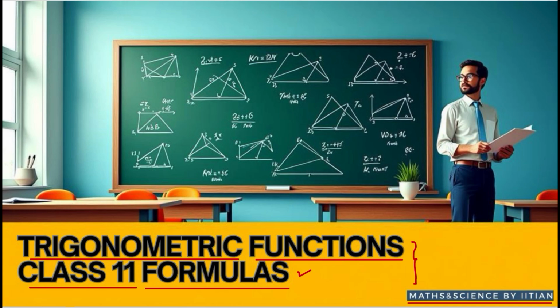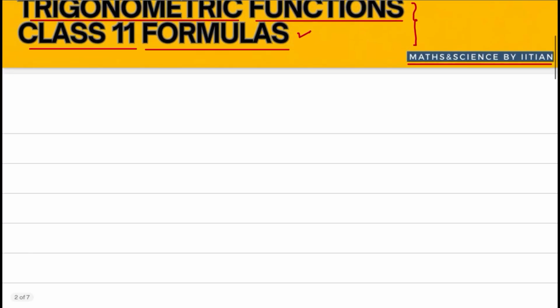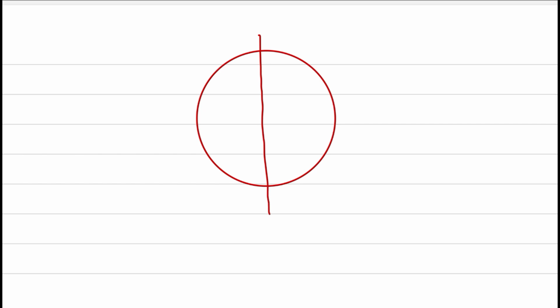Let us go further. Let us take a circle first. Let us develop the concepts of angle. Let us take a circle. In this circle, let the center be the origin with 0, 0.